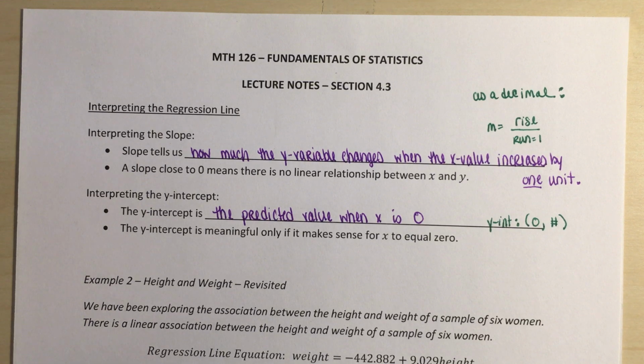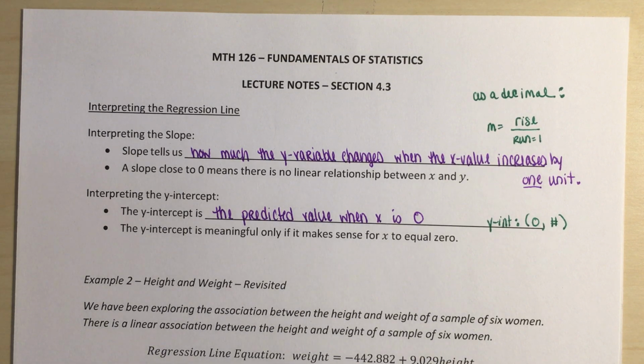So our slope tells us how much the y variable changes when the x value increases by 1 unit. Right? So our x value is moving to the right by 1 unit, so how much is the y variable changing? It increases if it's positive, or if we happen to have a negative slope, then it is decreasing. A slope close to 0 means there is no linear relationship between x and y. So that is one other thing to mention.